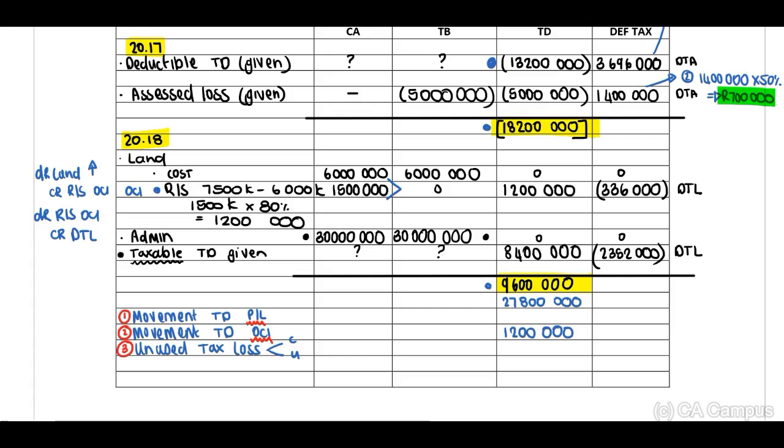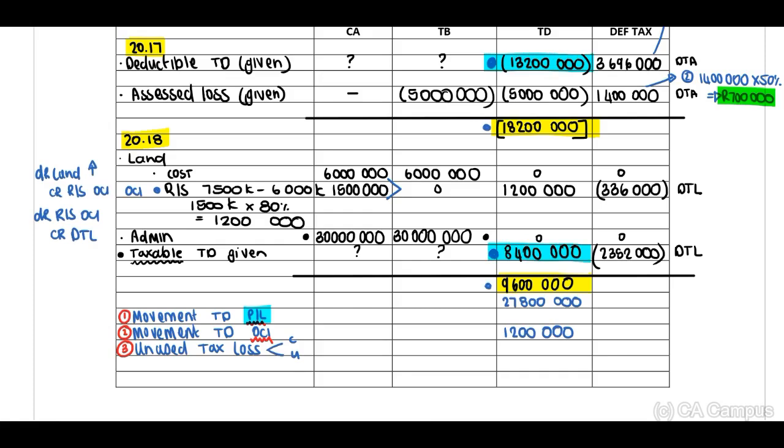Therefore, the movement in our temporary difference that relates to our profit and loss only for 20.18 will be the difference between the 13.2 million deductible temporary difference of 20.17 and the 8.4 million taxable temporary difference. I'm going to highlight this light blue for you to be able to follow me.